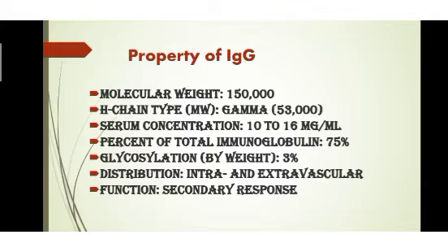Heavy chain type gamma, whose molecular weight is about 53 kilodalton. Serum concentration 10 to 16 mg per ml. Percentage of total immunoglobulin about 75%. Glycosylation by weight 3%. Distribution intra and extravascular. And the function is secondary immune response.